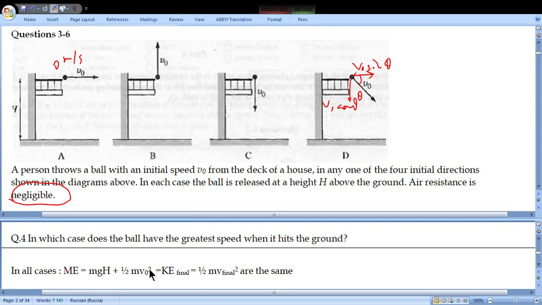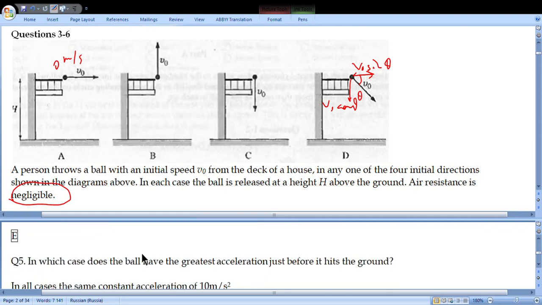When they hit the ground, all the energy becomes kinetic energy, so they have the same final kinetic energy, and as a result the same final speed. So we choose choice E, which means they have the same speeds.